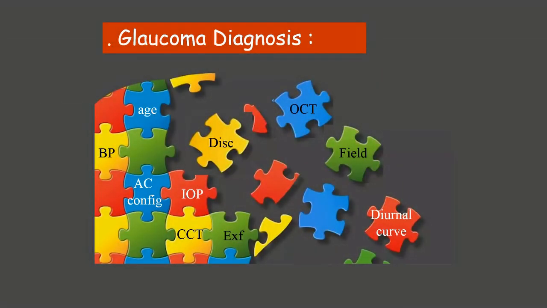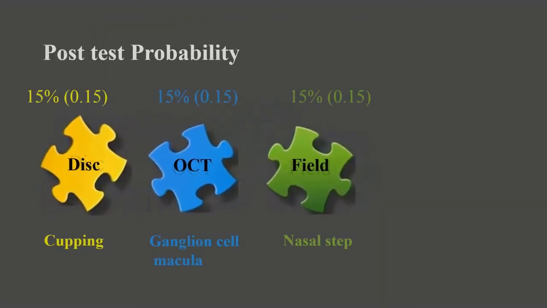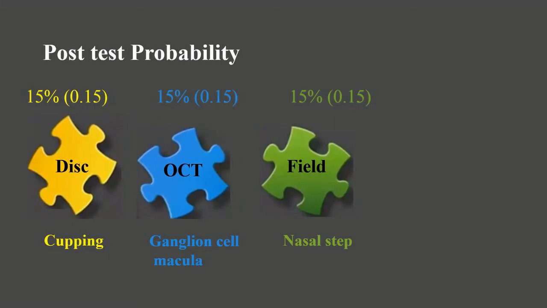As you all know, diagnosis of glaucoma depends on so many factors. I'm going to concentrate, say, on 3 factors. Suppose I told you cupping helps diagnosing glaucoma with a post-test probability of 15%, ganglion cell thickness in the macula in the OCT will help diagnosis with a 15% post-test probability, and the field nasal step has a post-test probability of 15%.